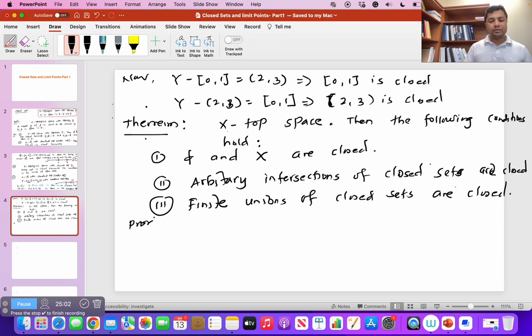Let's prove this theorem. The first condition we have already seen in the first example: both the empty set and the whole set are closed in the topological space. So the first condition is already checked.